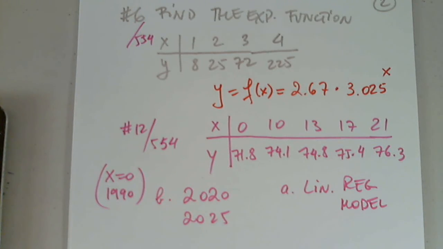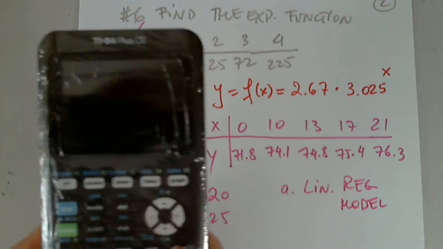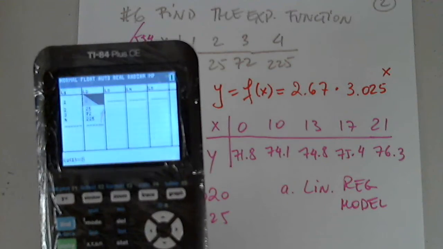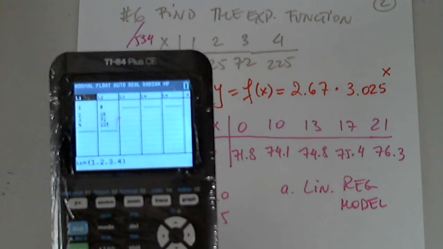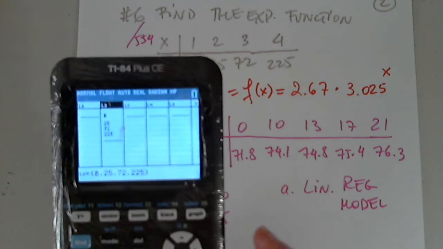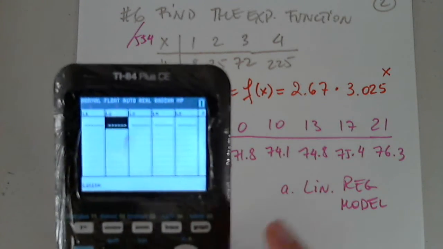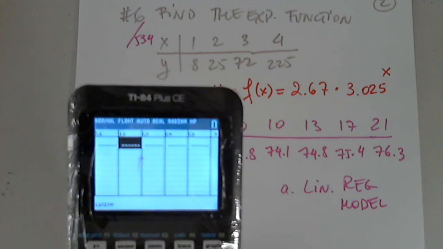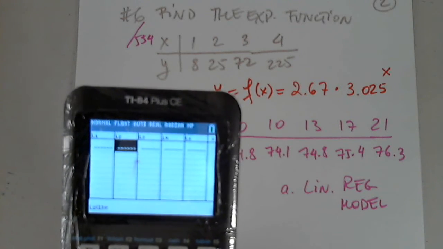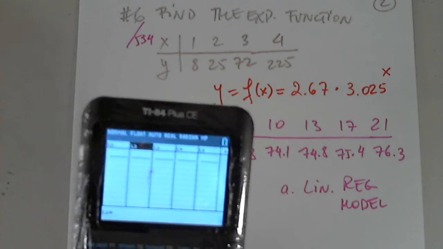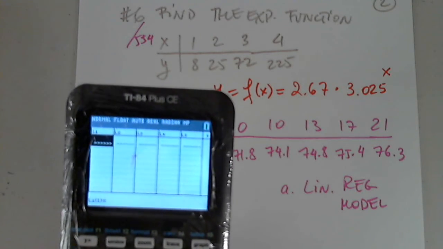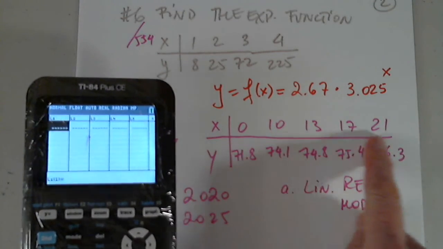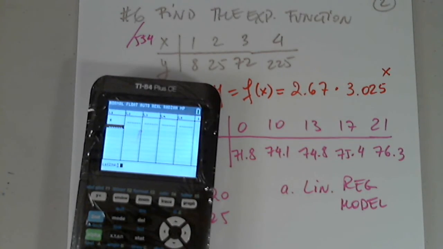So I go back to stats, edit. I don't need the first two lists, so I'm going to clear them. You clear them by highlighting the top and just pressing clear. So clear and enter. I will enter the X values first, 0, 10, 13, 17, and 21.